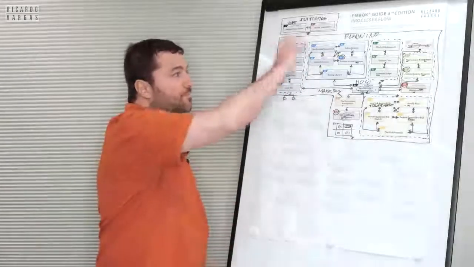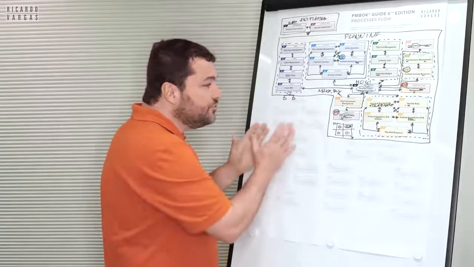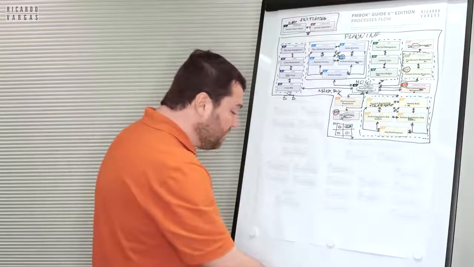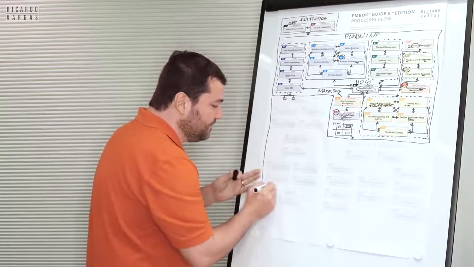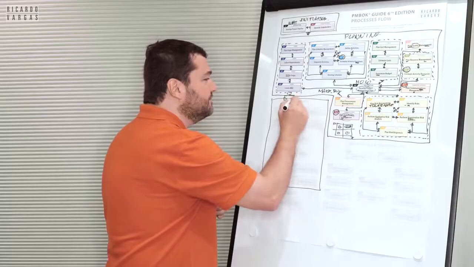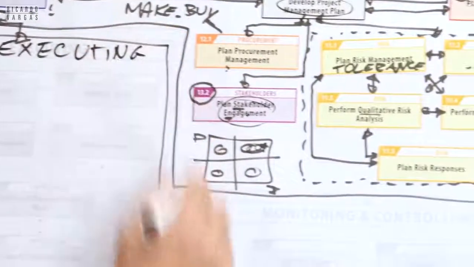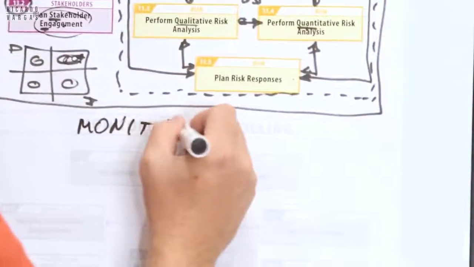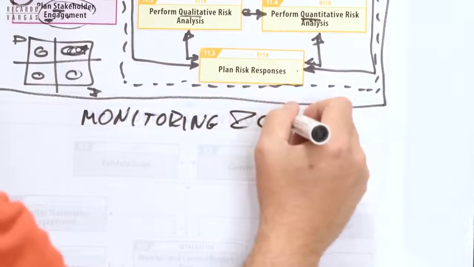After having our plan ready, we will start the execution and the monitoring and controlling process. Of course, I will explain the execution first, but I want now to highlight both execution and monitoring and control.